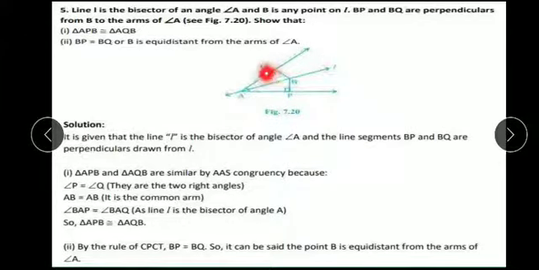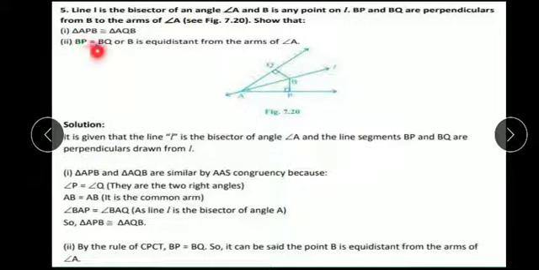So angle BAQ is equal to angle BAP. And lastly, AB is the common side for both triangles. So two angles and one side, so we can say by angle angle side that these two triangles are congruent.